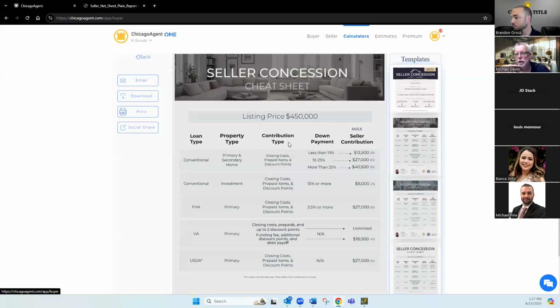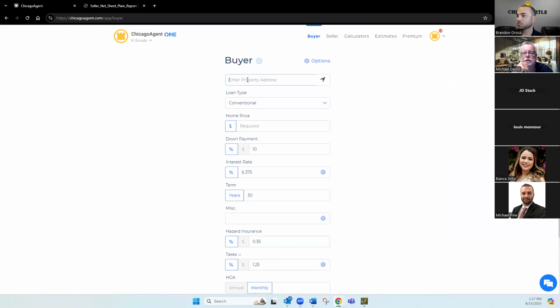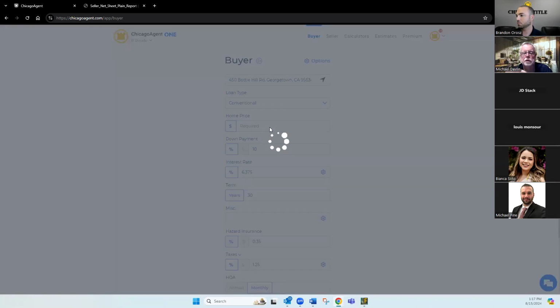Now, again, this is if I were going on a listing appointment for that property on Bottle Hill Road. Why don't we see if we still have that in there? 450 Bottle Hill. Let's try and start with Bottle. There we go. And let's say it's got a conventional, that's not as important.